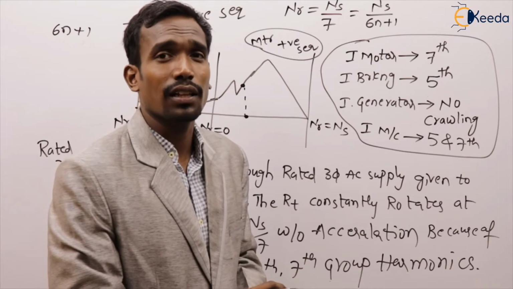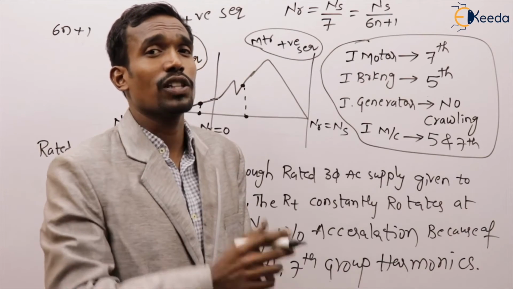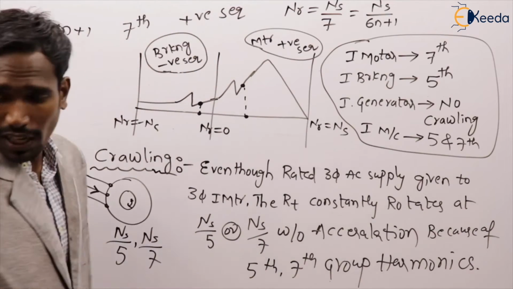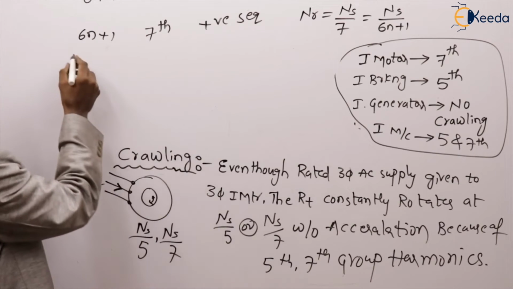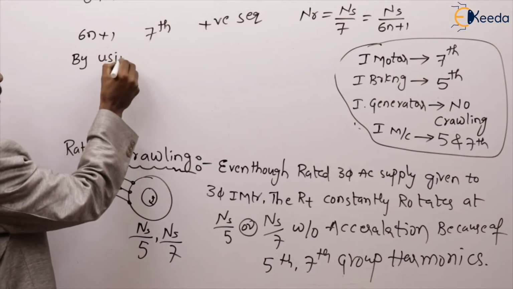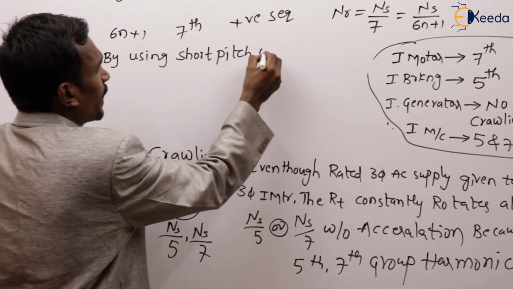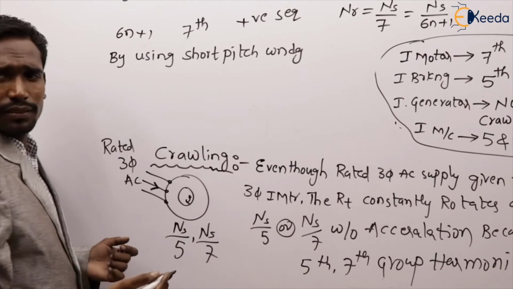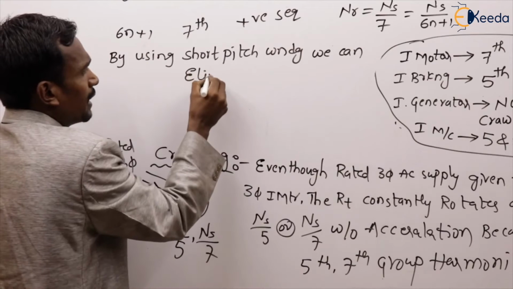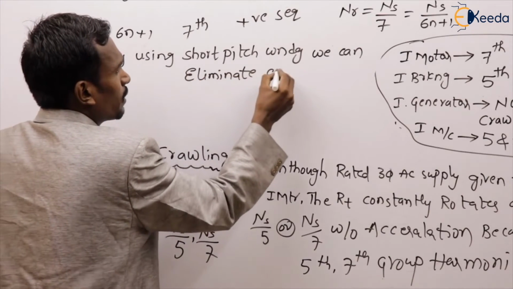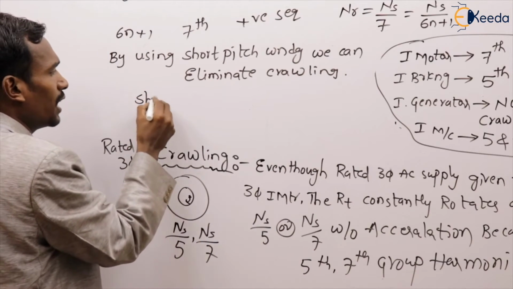What is the short pitch angle? For short pitch winding, what is the short pitch angle? Let's see. By using short pitch winding, we can eliminate crawling with the short pitch angle.